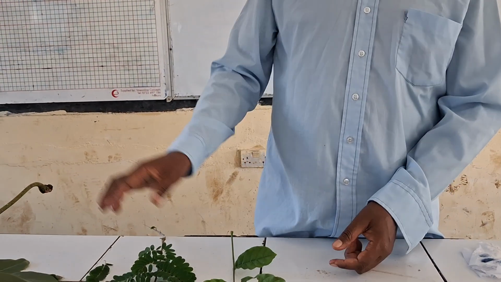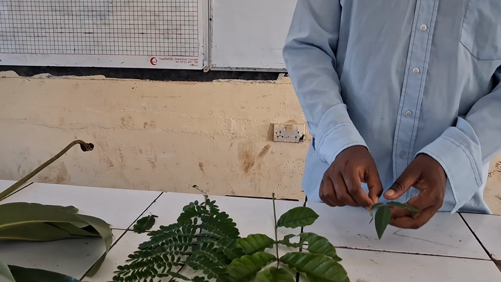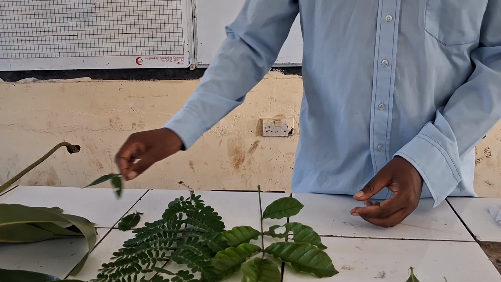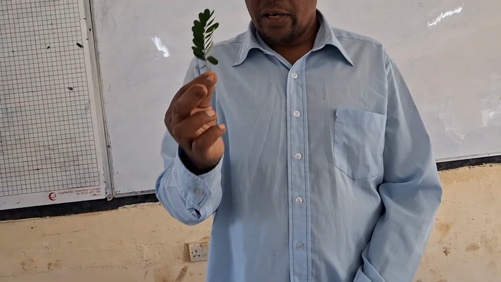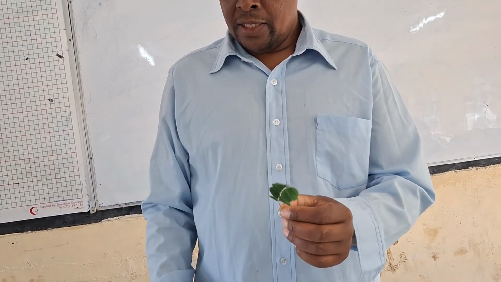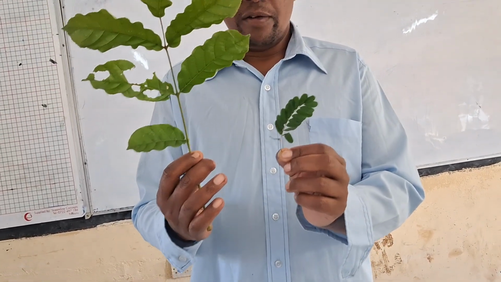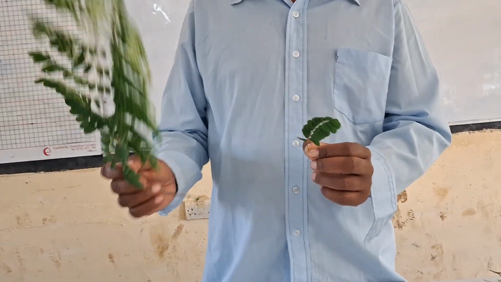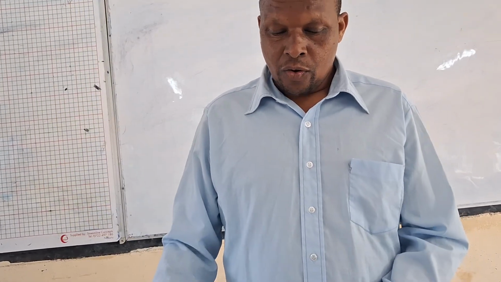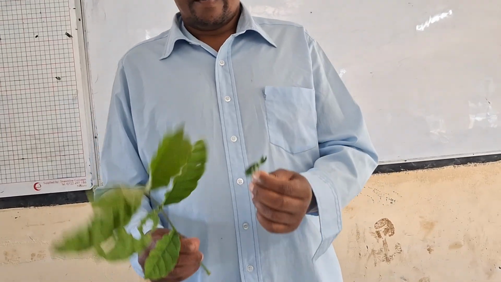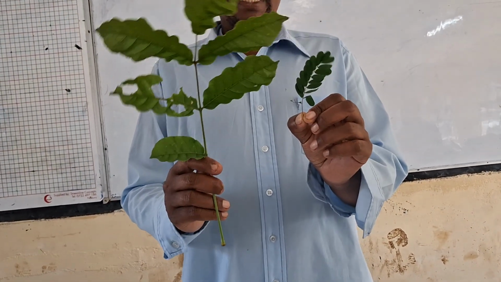Now, what we are having next are compound leaves. This is a pinnately compound leaf. This is still a pinnately compound leaf, and this one is still a pinnately compound leaf. Now, how can we differentiate between these two pinnately compound leaves?